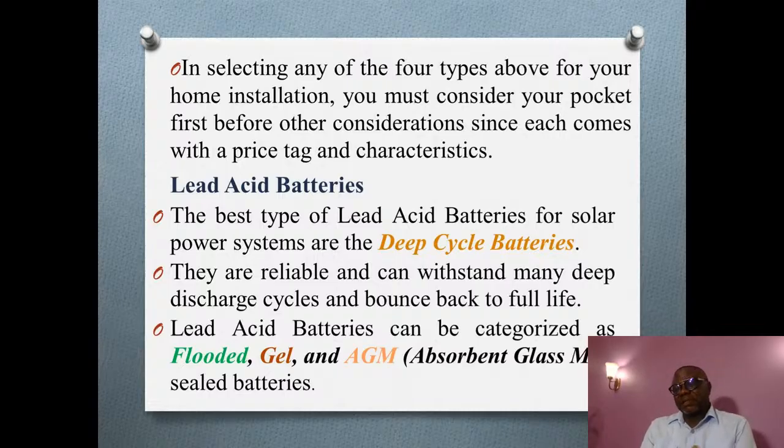Some batteries, when you allow them to discharge below certain threshold, they will never be able to charge fully again. So we say that these lead acid batteries can withstand this complete discharge for so many times before going bad.